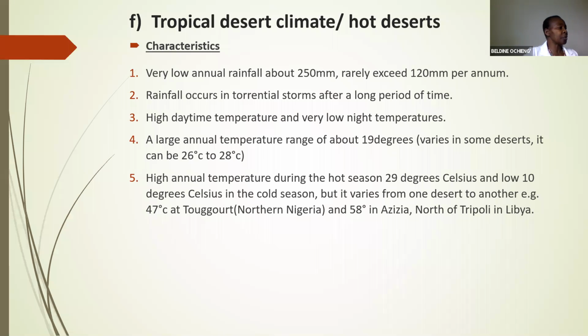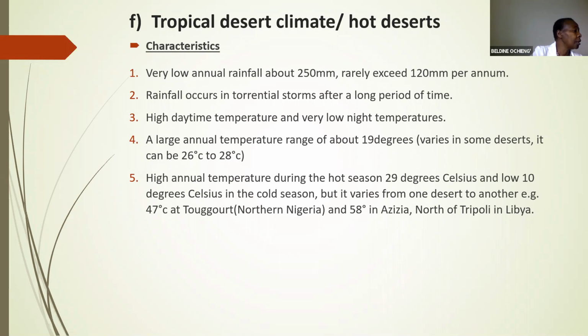That is what we refer to as torrent rainfall. So rainfall occurs in torrential storms after a long period of time. High daytime temperatures and very low night temperatures. It is a desert, so that is an obvious characteristic that should be at our fingertips always.